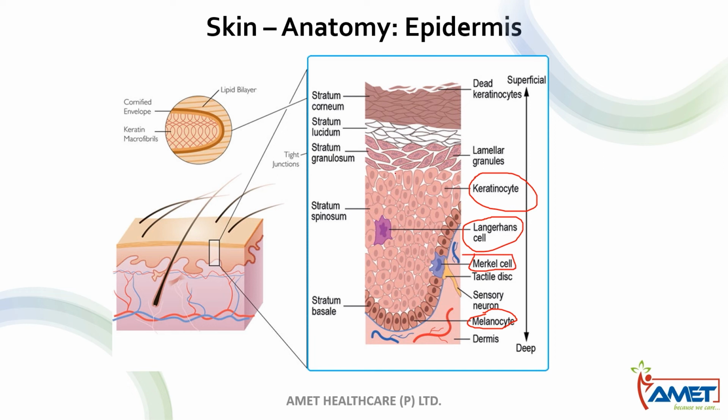So, the epidermis consists of five layers: stratum corneum, stratum lucidum, stratum granulosum, stratum spinosum, as well as stratum basale. It also contains four cells, that is keratinocytes, melanocytes, Langerhans cells, and Merkel cells.